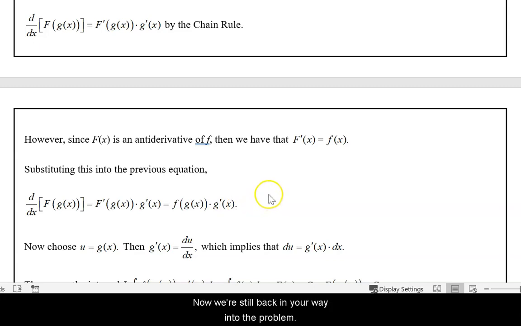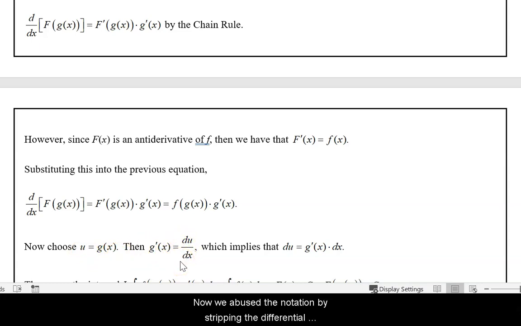Now, we're still backing our way into the problem. We've started at the end, well, partway through, and we're going to back our way to the beginning. Now we're going to choose u to be the function on the inside, the one that we're putting on the inside when we do composition. We can apply the derivative to this function g, which, since it is equal to u, also gives us du dx.